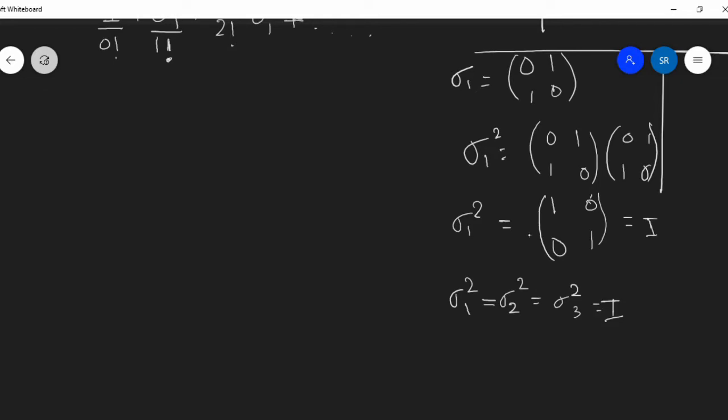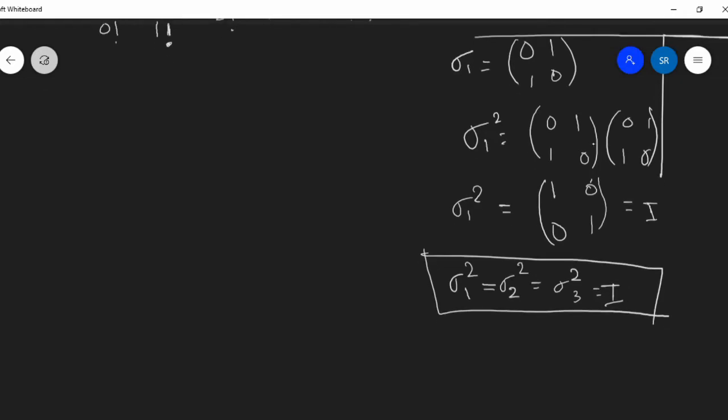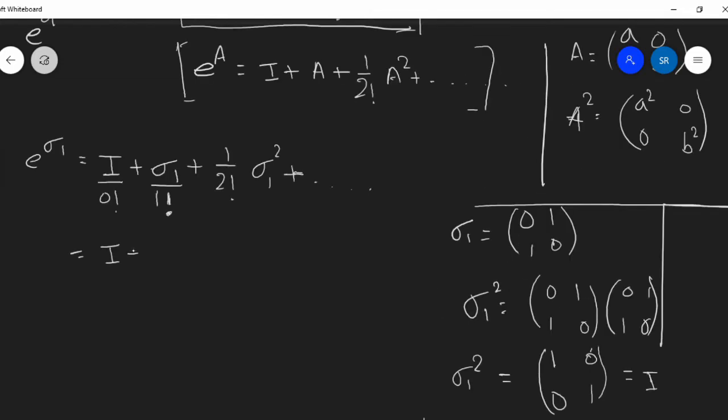So, with this beautiful fella here, we can say that this guy is I plus sigma 1 plus 1 by 2 factorial I plus 1 by 3 factorial sigma 1. And why sigma 1?